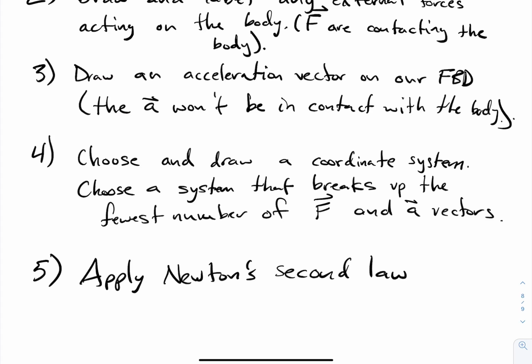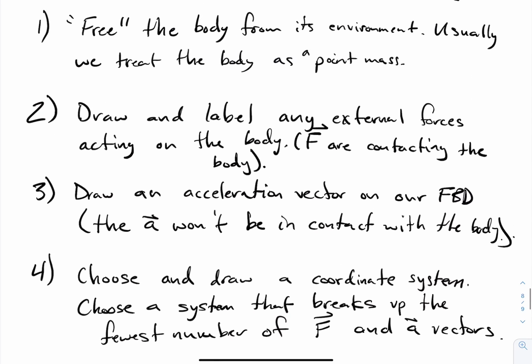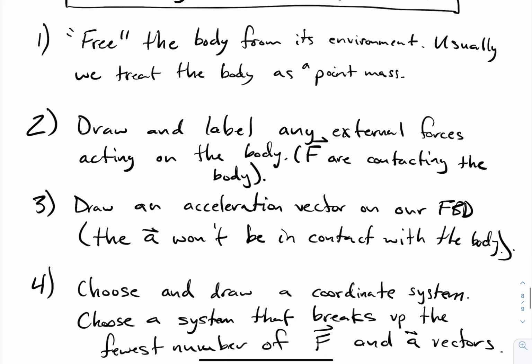I'll put period, apply F equals ma in the horizontal and vertical directions independently of each other. So that's our step-by-step process for constructing and using a free body diagram.